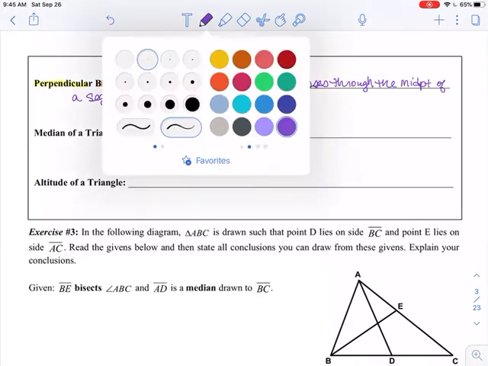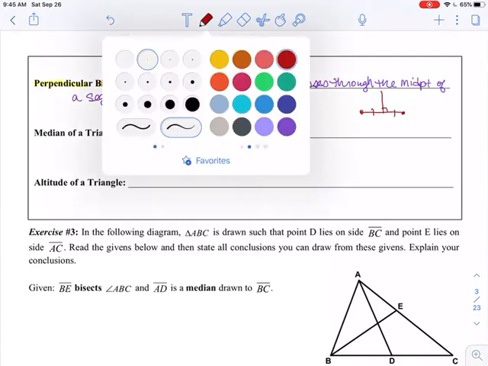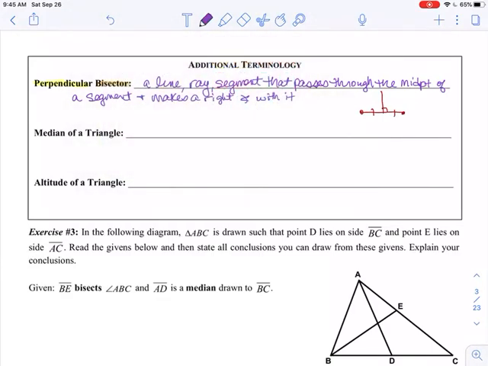And I actually even talked about a median before. Well, let me draw a picture for the perpendicular bisector. So if I have a segment, so if this is a perpendicular bisector, it's perpendicular and it bisects. A median of a triangle is a line drawn from the vertex of a triangle to the midpoint of the opposite side.